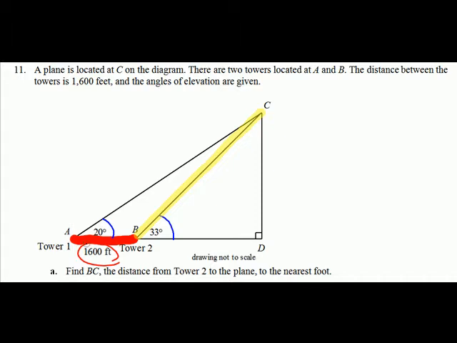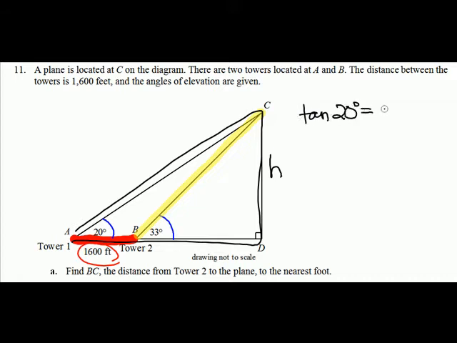So if I wanted to talk about this big outer triangle, and I'm trying to write something about that, do you agree, if I'm going to call this the height of the plane, we could say that tangent of my angle must be opposite over adjacent, where this distance here is what I am calling x.